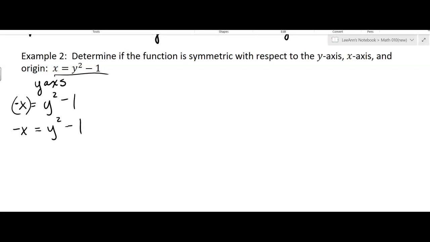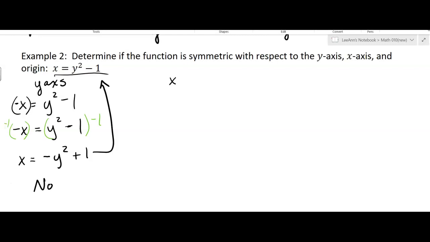How do we know if that's the same as the original equation? Well, one way that is useful is to multiply both sides by negative 1 and see what you get. You get x equals negative y squared plus 1. That's not the same, so no, it is not symmetric with respect to the y-axis.